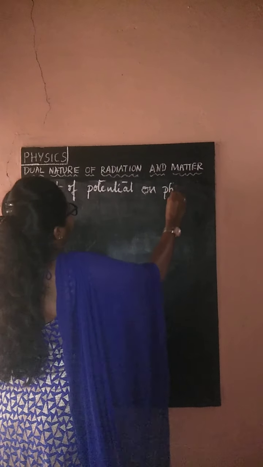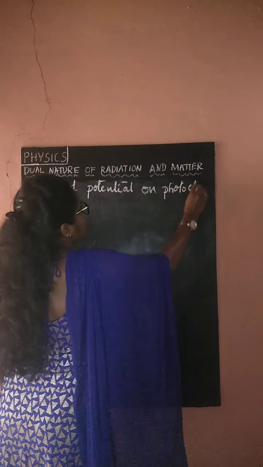The second one is the effect of potential on photoelectric current.